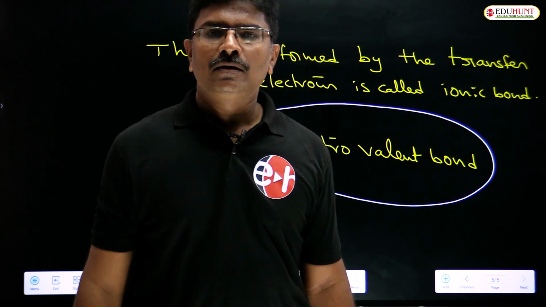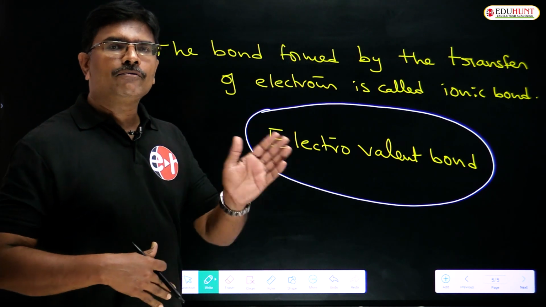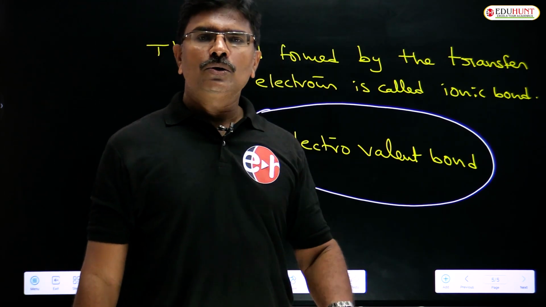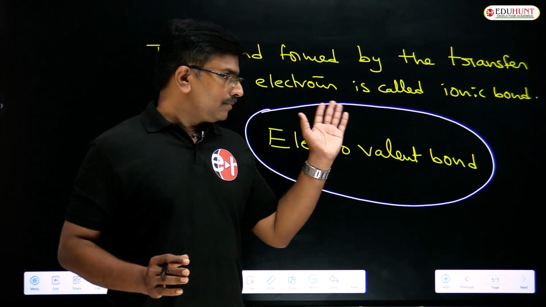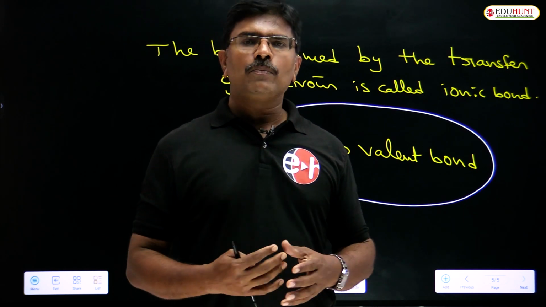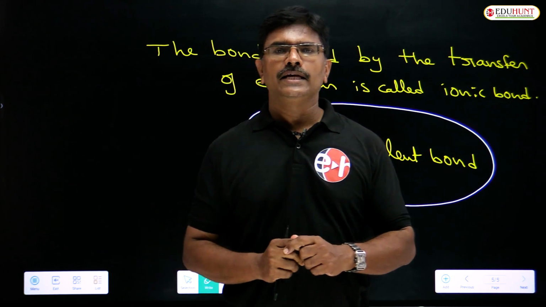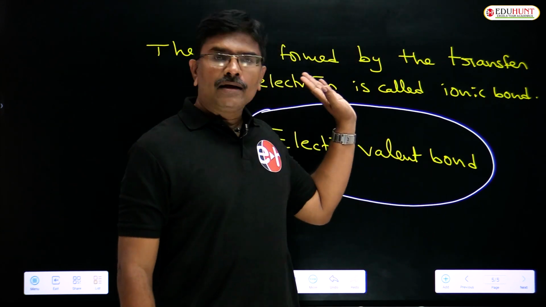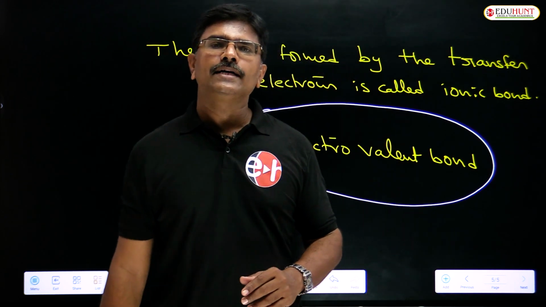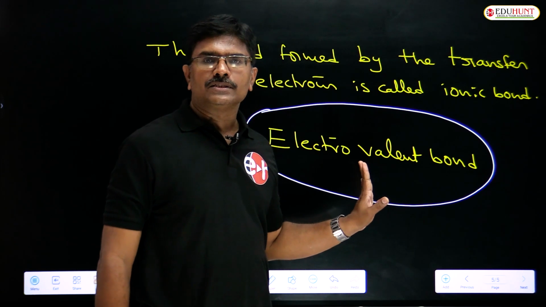Electrovalent bond. That means valence electrons are involved in the transfer, hence we say this is the electrovalent bond. So till now we understand the two definitions. Ionic bond is the electrostatic force of attraction between two oppositely charged ions, or the bond formed by the transfer of electrons can also be called the ionic bond.